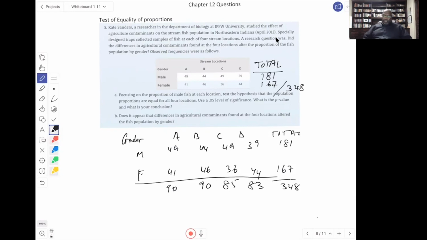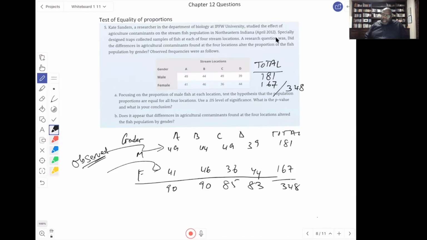So those frequencies, we refer to as observed frequencies. These are observed. But if we expect all of the locations to have the same amount of fish, this is where we're going to need to determine what the best estimate of the proportion of males should be, and multiply it by the sample size for a location.